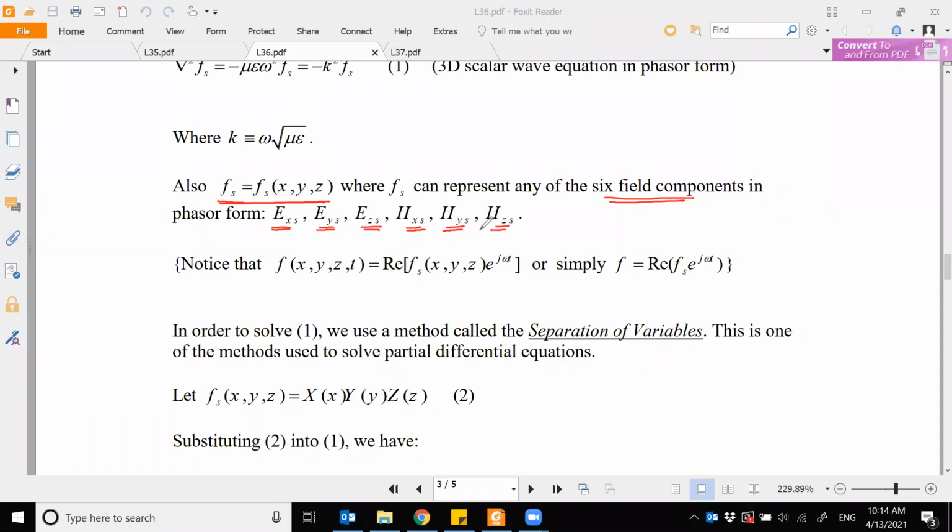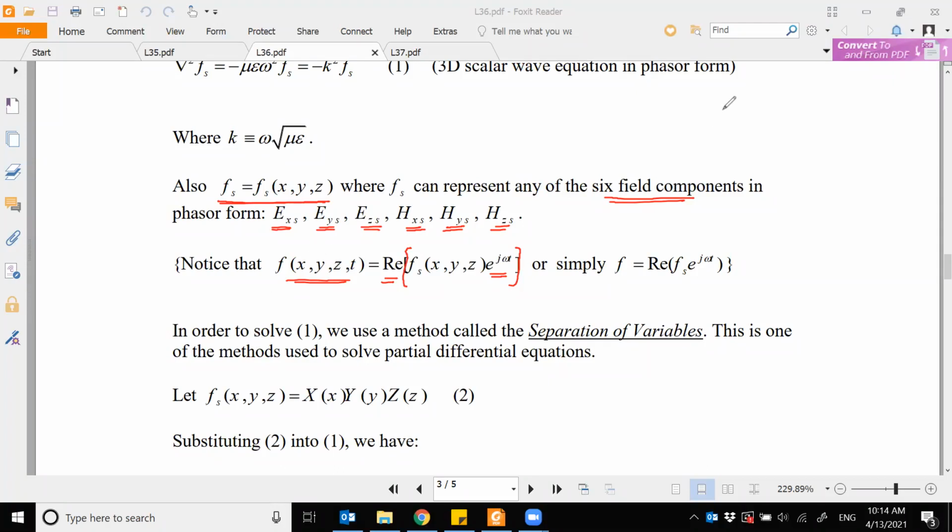They are all in phasor. And remember, we can go back to the instantaneous form, or the time domain, anytime. See how we can do it? If this is the phasor, then phasor multiplied by e power j omega t, and take the real part of this, that will give you the instantaneous form.